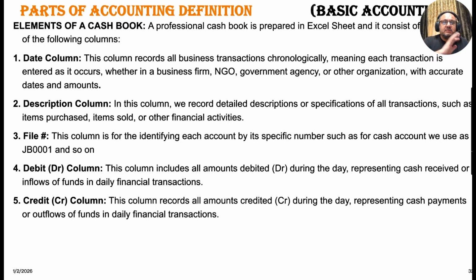So let's talk about the contents of the cash book. Number one, date column. As I have already told you, this column records all business transactions chronologically. Chronologically means date-wise. Every day, any transaction that happened on that date, we write in the cash book.